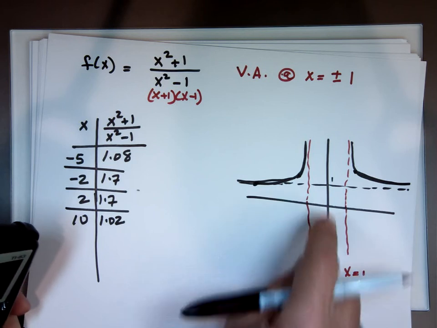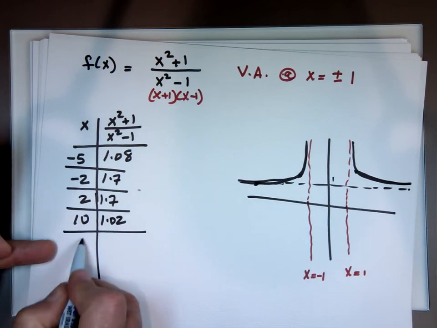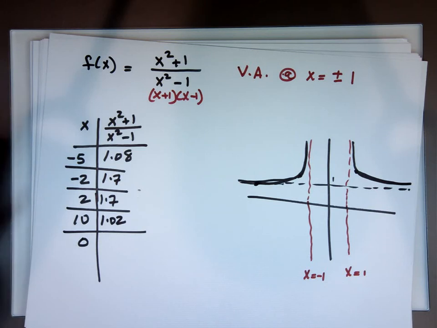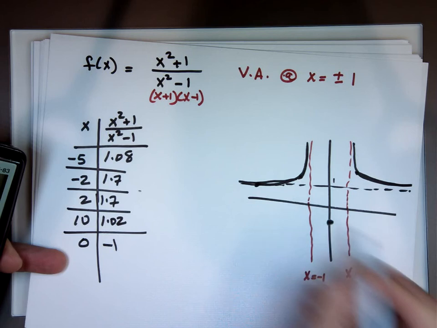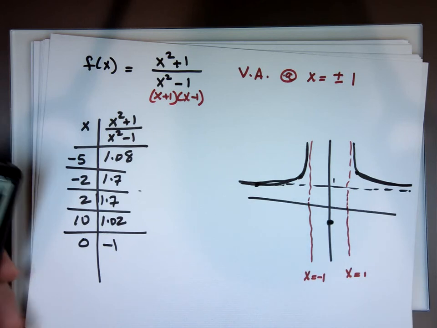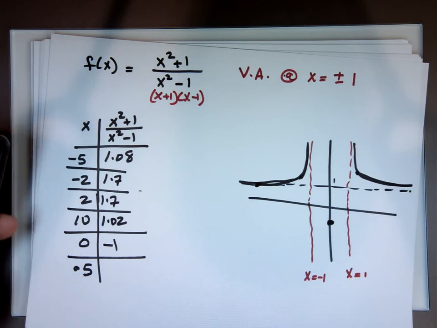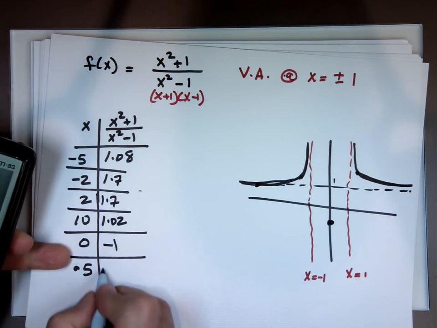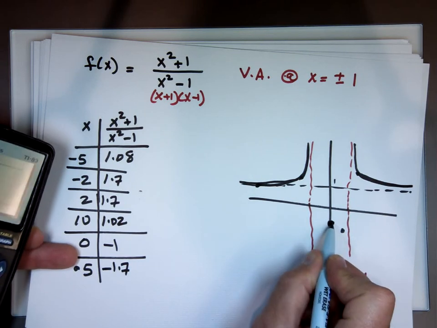Between them, let's pick some points between the -1 and the 1. Let's start with the 0. That's a -1. Let's try the 0.5. -1.7. So this piece, it looks like this.